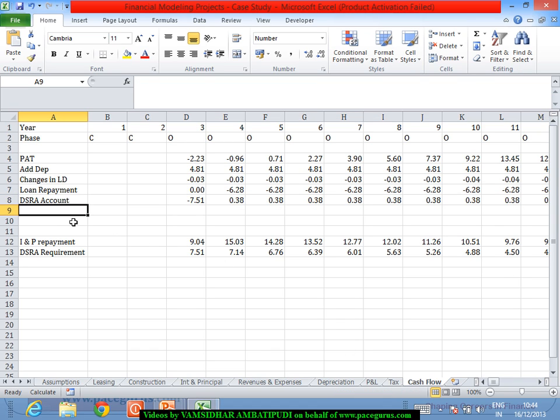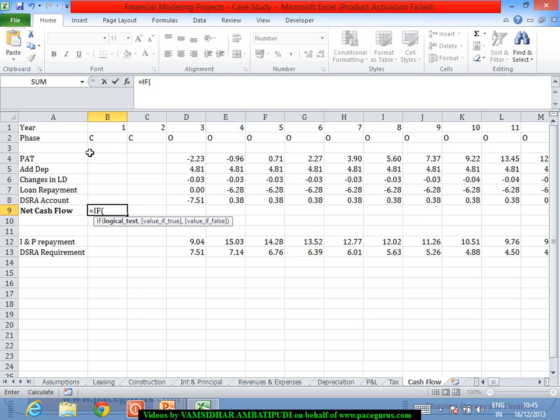So based on these things, we are computing our cash flows now. Based on these things, I am computing the net cash flow. So after all these things have been addressed, I am computing my net cash flow, wherein again the same checkup is happening.